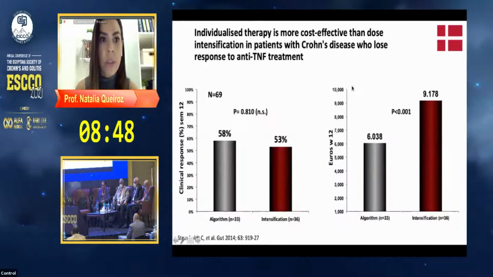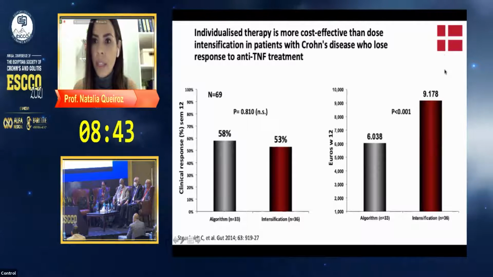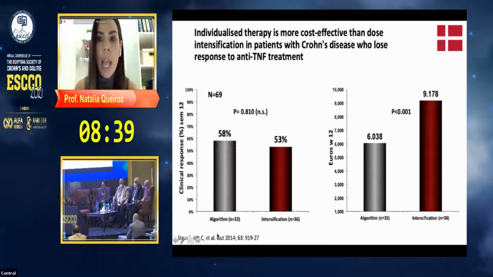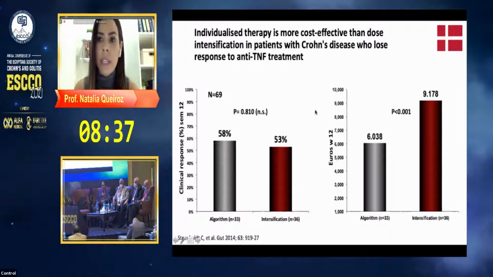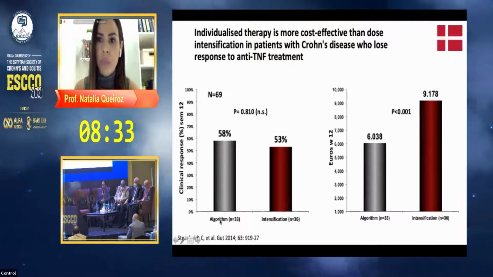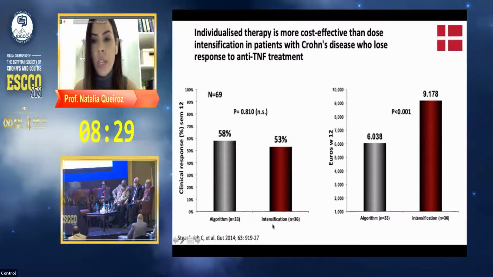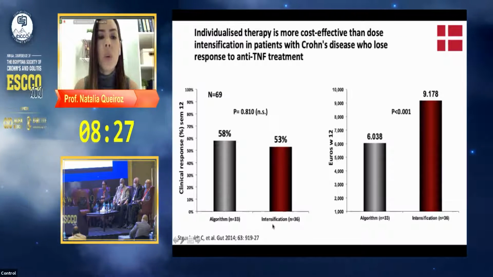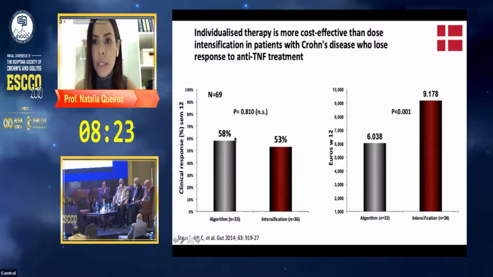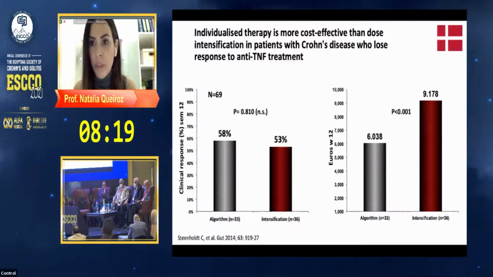The landmark Danish trial from 2014 has demonstrated that in the presence of loss of response to anti-TNF treatment, when patients are allocated to a TDM-guided strategy or to empiric dose escalation, no statistically significant difference was detected in the proportions of clinical response.